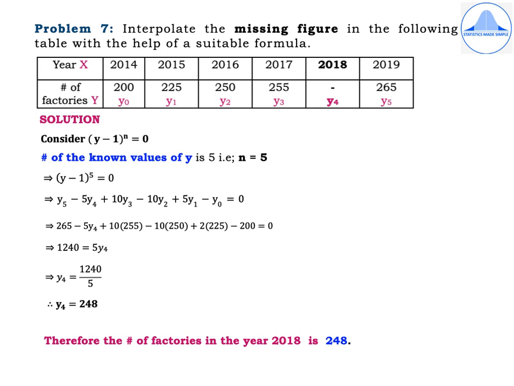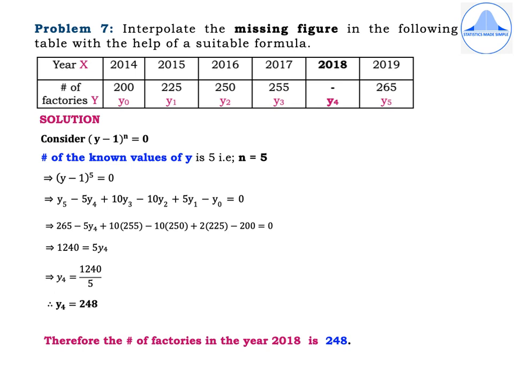Solution. Consider (Y minus 1) to the power n equal to 0. The number of known values of Y is 5, that is n is equal to 5, which implies (Y minus 1) to the power 5 is equal to 0, which implies y5 minus 5y4 plus 10y3 minus 10y2 plus 5y1 minus y0 is equal to 0.